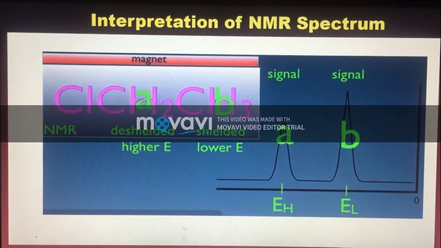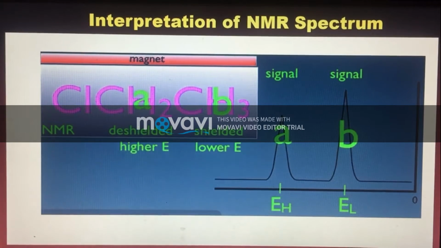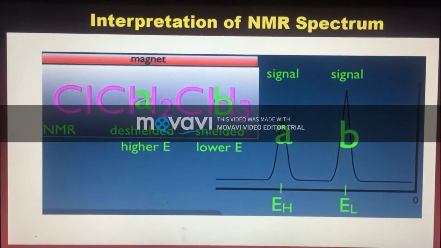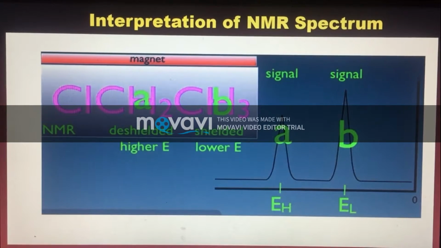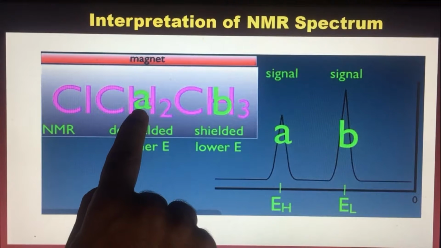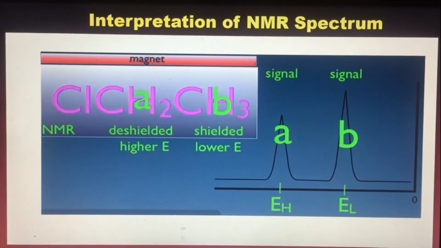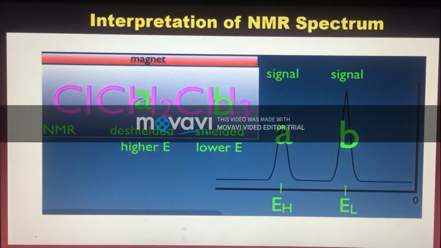Okay. Right here, you can see this one is a hydrogen atom. This is a nuclei having spin. So, close to this nuclei, there is chlorine. Chlorine is an atom that is electronegative in character.